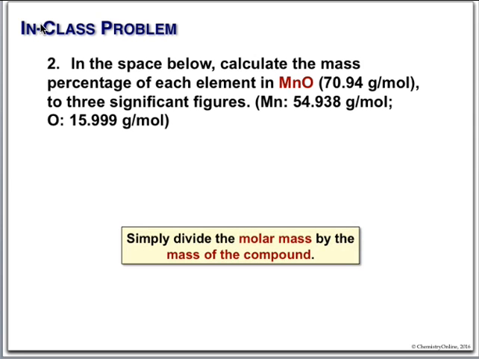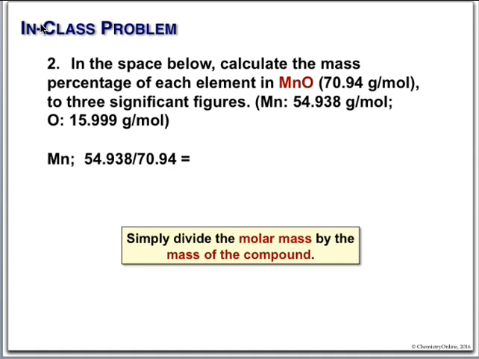Remember when we do this, to get the percentage composition, all in the world you have to do is divide the molar mass, so in this case manganese, by the mass of the compound. That will give you the fraction. To get a percentage, you multiply by 100.